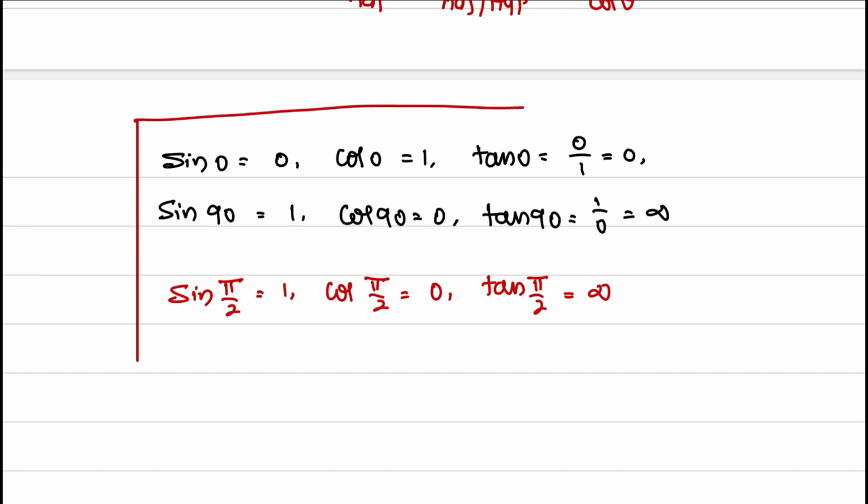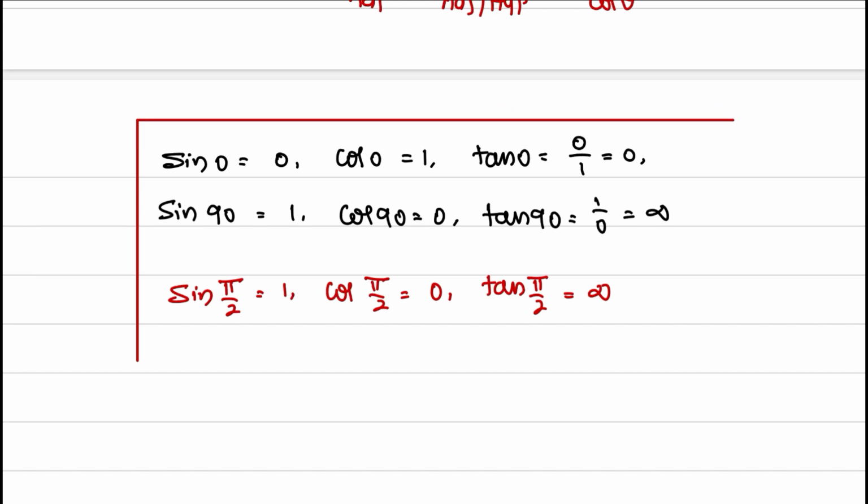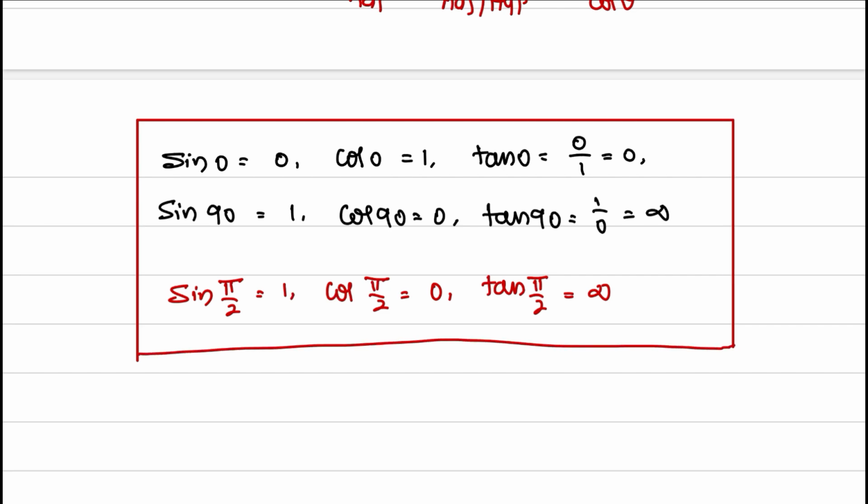I want to conclude this lecture. In this lecture, we have discussed the behavior of the sides taken in a circle, the hypotenuse, the radius of the circle, then the opposite side and adjacent side behavior with the angle, and we have defined the 0 and pi by 2 values for sin theta, cos theta and tan theta.